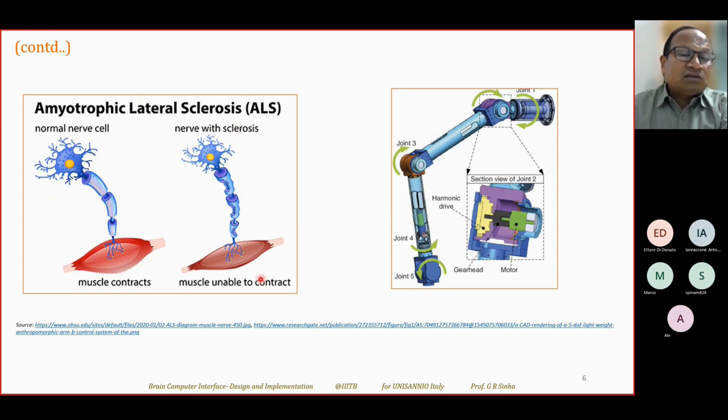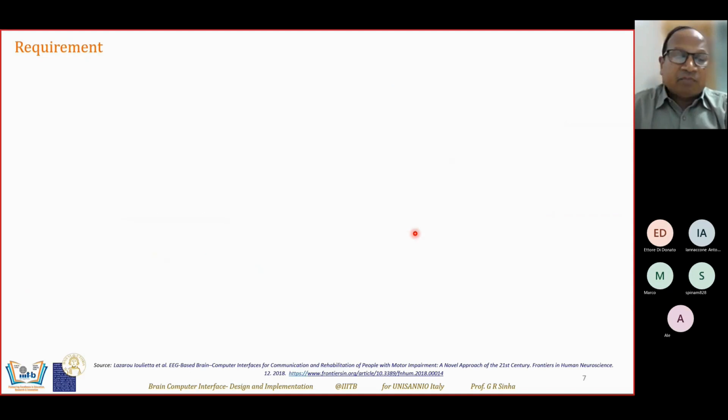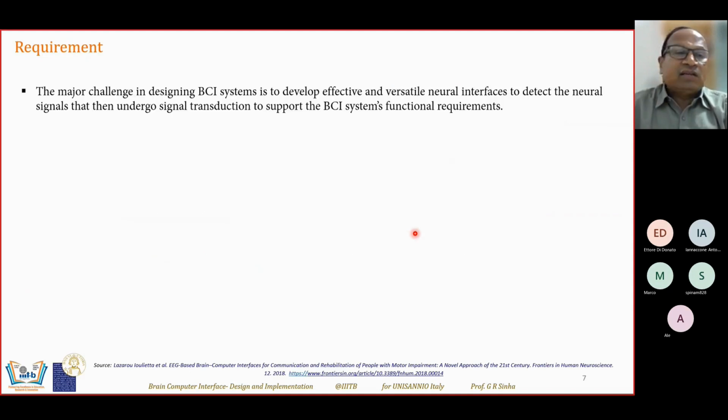So in such a study or analysis, the BCI may not be the same as what is depicted in the other picture. In the other picture, you can find an arm where you can even control the joints, joint 5, 4, 3, 2, and so on. And there will be different types of motors. All those motors at different points can be controlled by different commands, and that too in an adaptive manner. So therefore, the design varies.